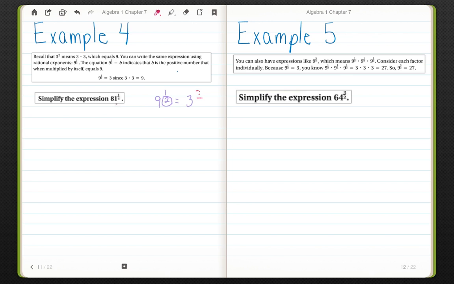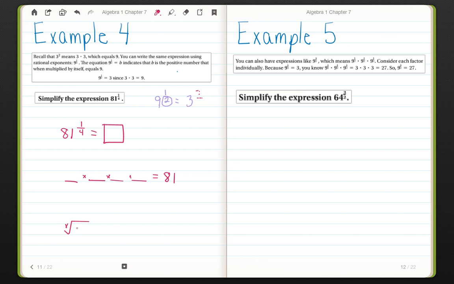Simplify the expression 81 to the 1/4 power. So 81 to the 1/4 power equals some number. So what I want to know is what number, when I multiply it 4 times, will equal 81. Well, you can use a calculator. There's a button that looks like this.